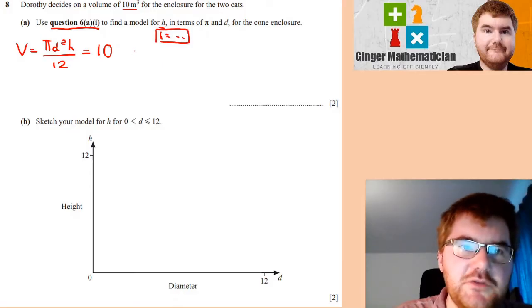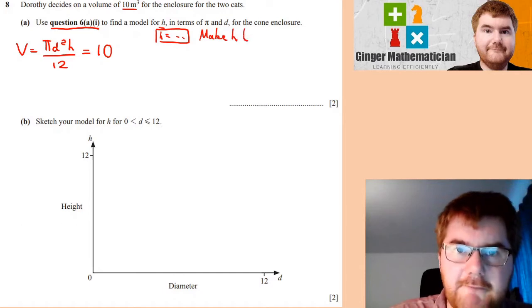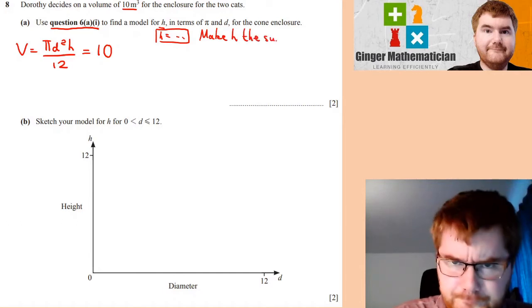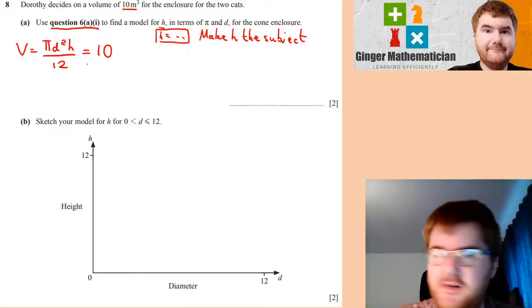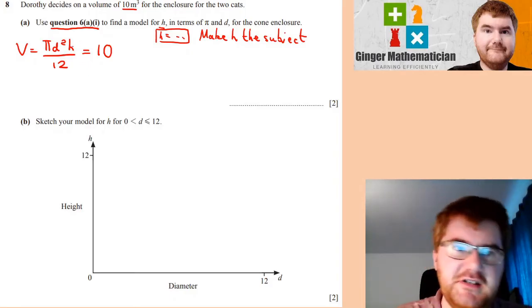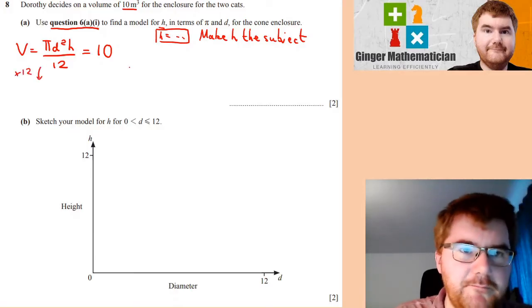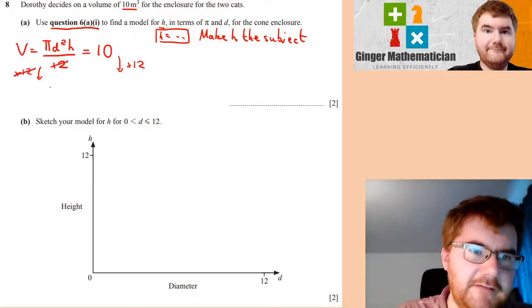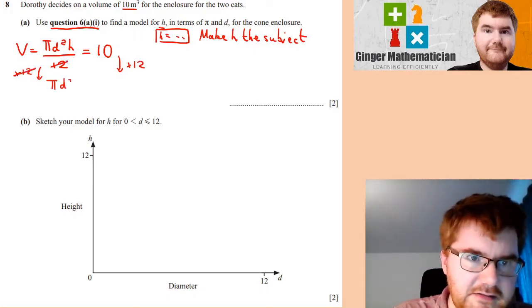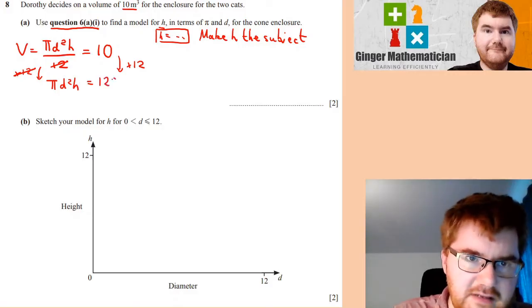So at this stage, what we need to do is make h the subject. A very important skill on the modelling section of paper 6. So let's go through this one step at a time, work out h on its own. So the first thing we do, well, we want the opposite of divide by 12, so we're going to times by 12 on both sides of the equation. This cancels, lovely, so we get pi d squared h is equal to 10 times 12, 120.